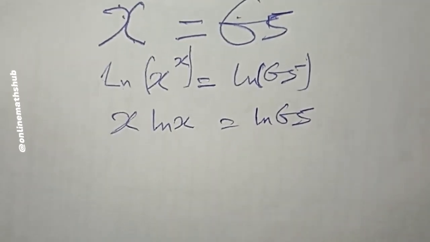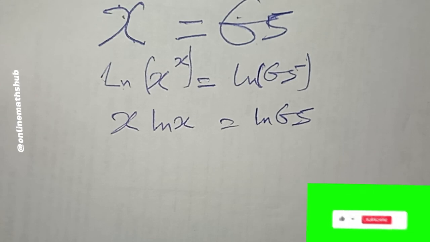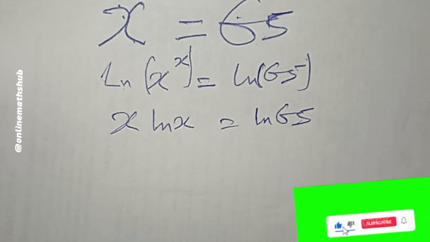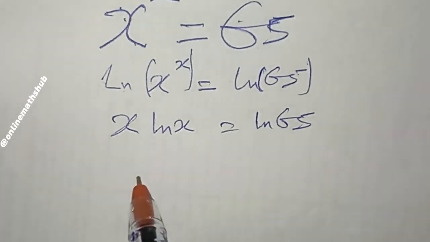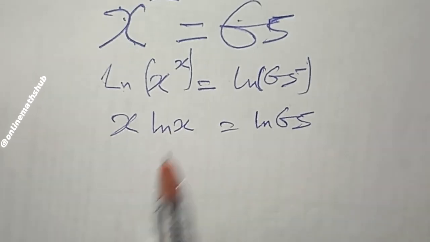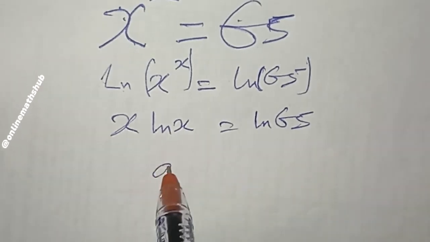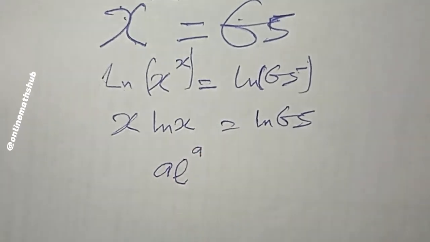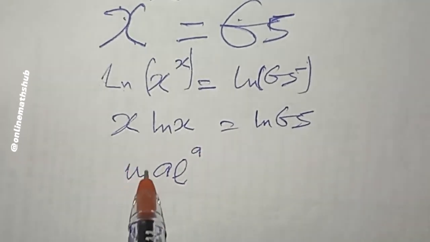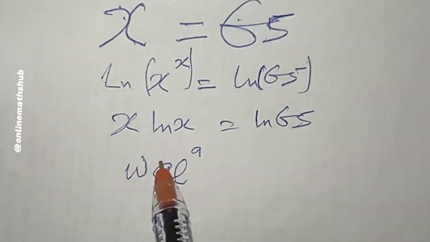Okay, and of course, what I'm going to be using to evaluate this problem is what is known as the Lambert W function. It is the function that allows you to simplify functions that are in this form. Once you have any function in the form of a exponential a, you can pass the Lambert W function, denoted by W, to it.